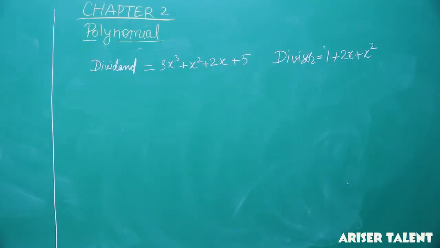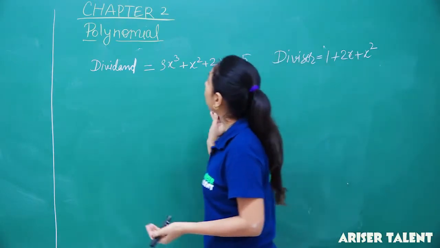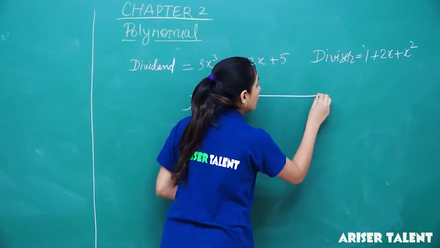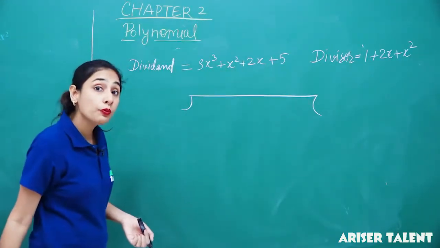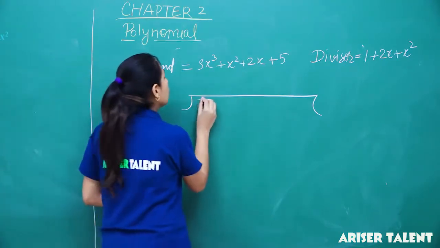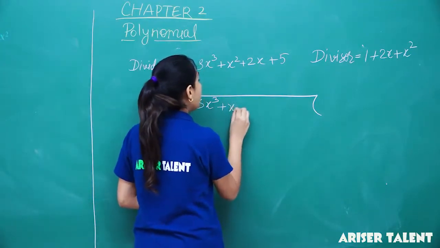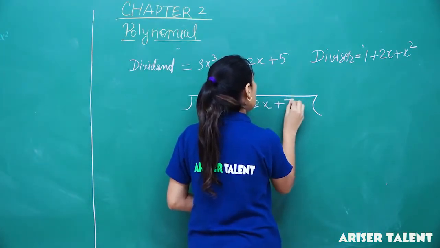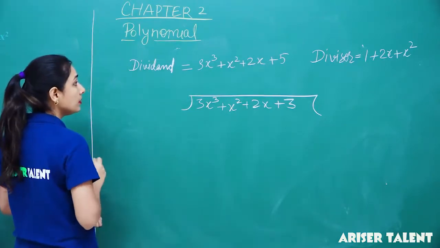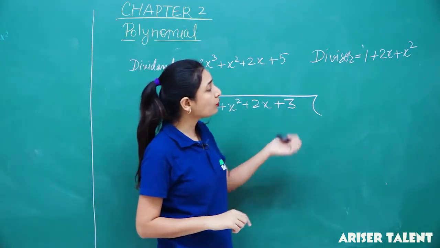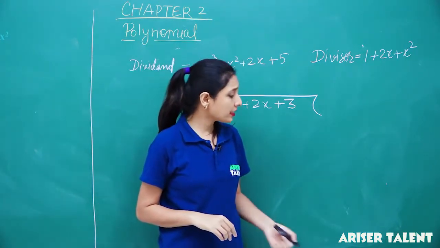Okay. So what we have to do is again follow the same procedure, now for cubic polynomial. Now look at this form of divisor, 1 plus 2x plus x square.